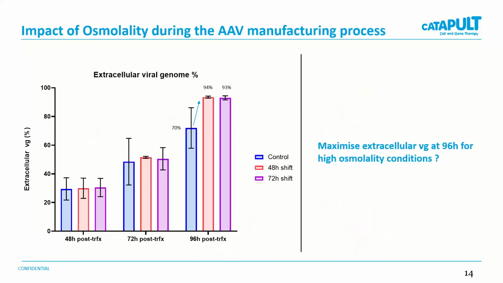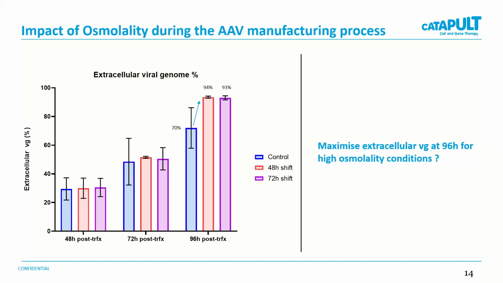So what is, I think, the most interesting is if we calculate the percentage of extracellular viral genome, this is the same color code, for all the three conditions and the three different time points.